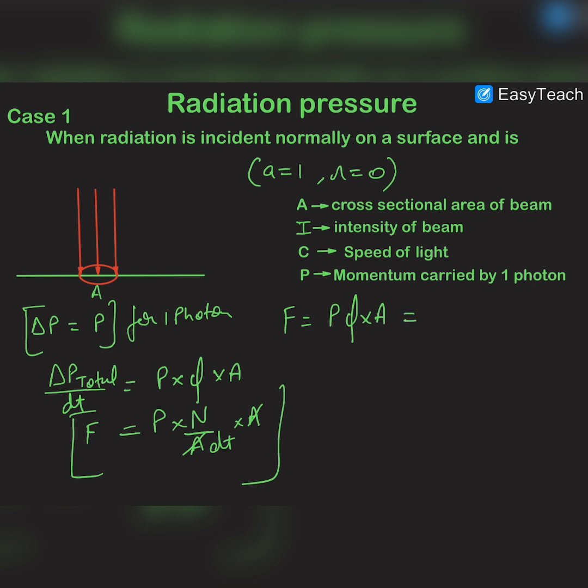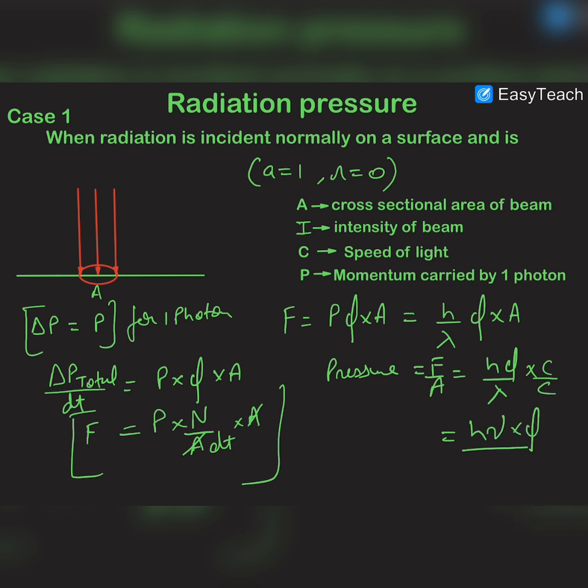Now you know that p is h by lambda, and the pressure is obviously force upon area. So F upon area will be h phi by lambda. If I multiply and divide with c, the speed of light, then hc by lambda is h nu, and this is photon flux divided by c.